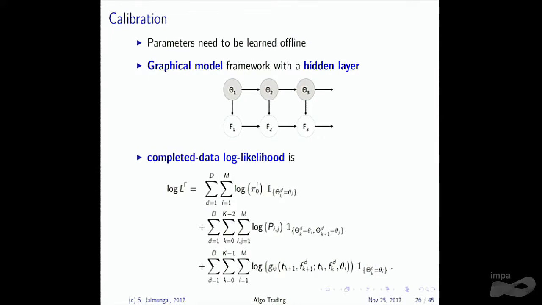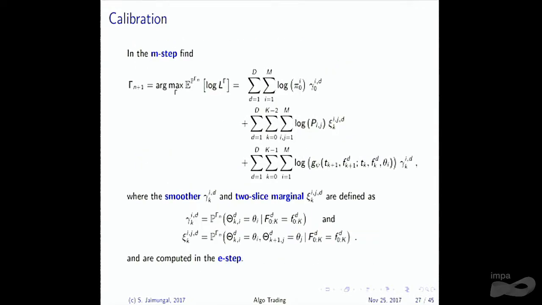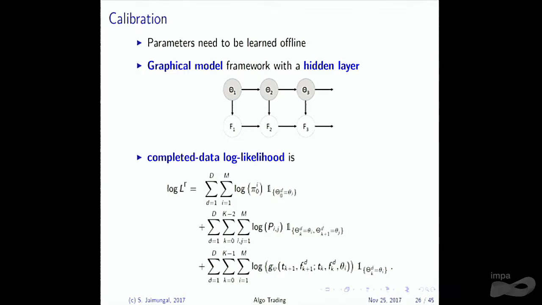So you can go ahead and, again, write down, similarly to before, this completed data log likelihood, and you can find a way of maximizing the parameters. It turns out now we don't simply have an emission. Before we had just an emission probability from the hidden state to the visible.